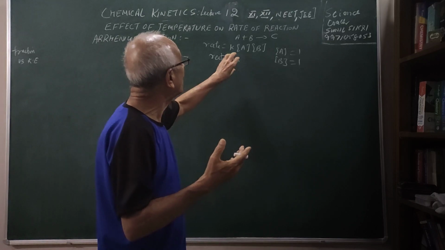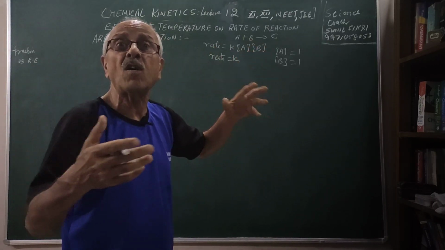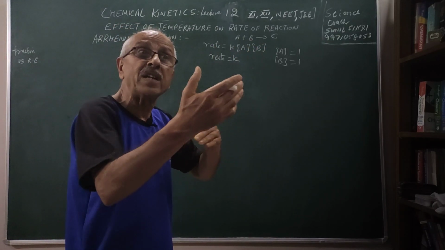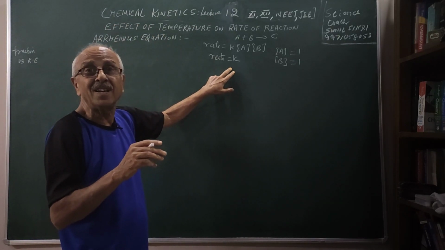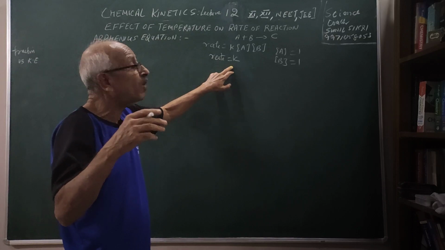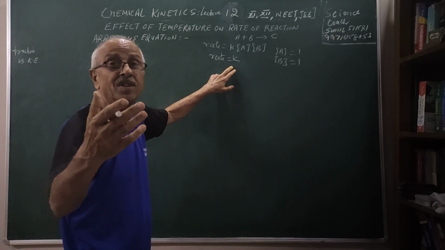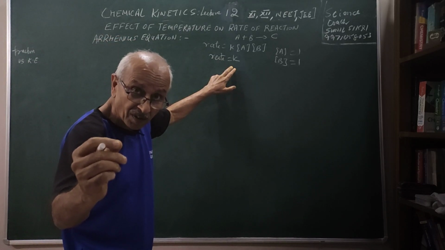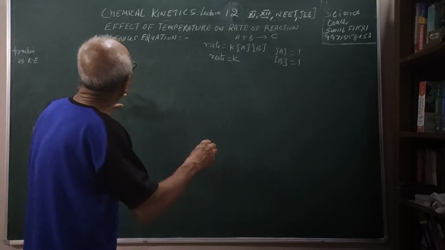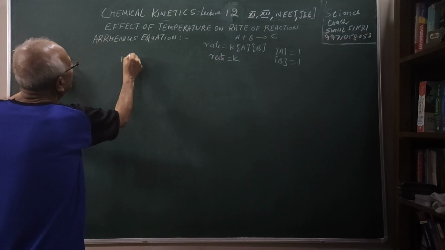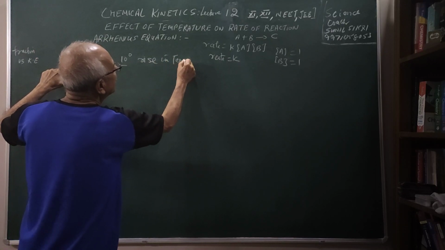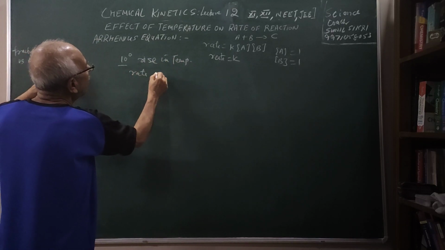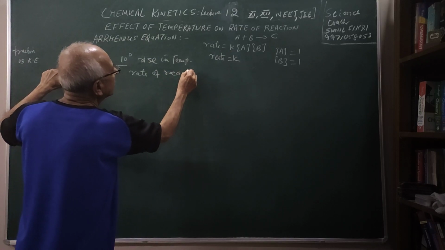So they determined experimentally the rate constants of different reactions at different temperatures, and it was observed that the rate constant of the reaction increased with increase in temperature. And how much? As I said, they observed that for a 10 degree rise in temperature, the rate of reaction almost doubled.